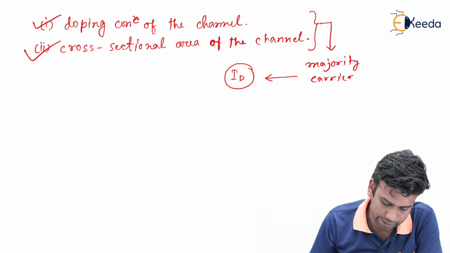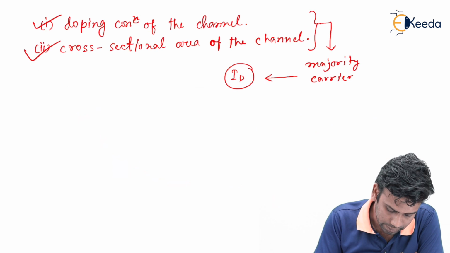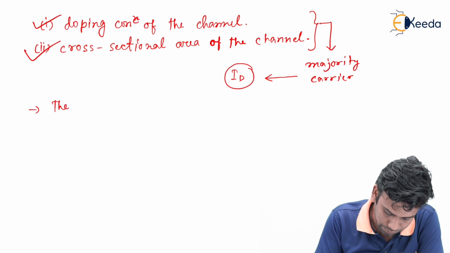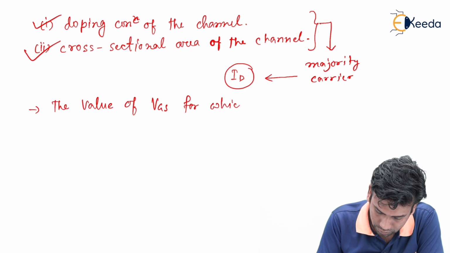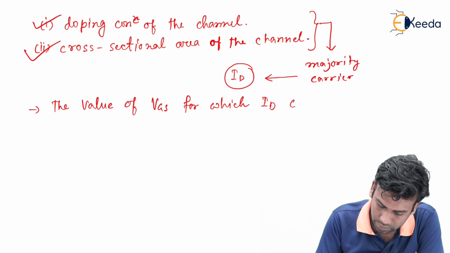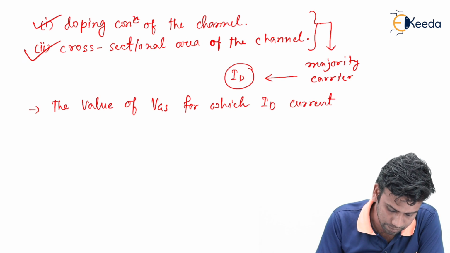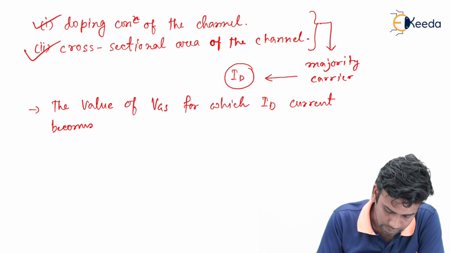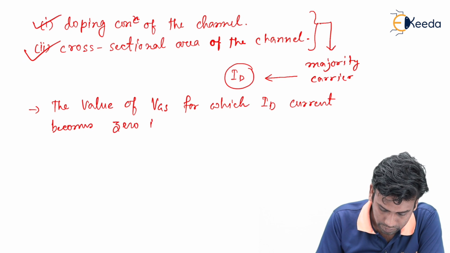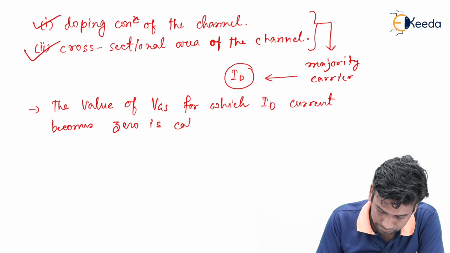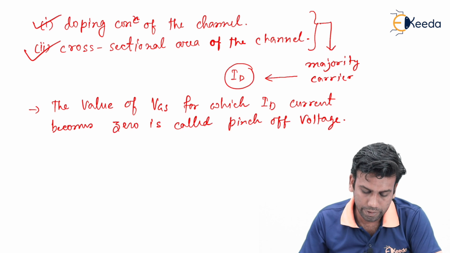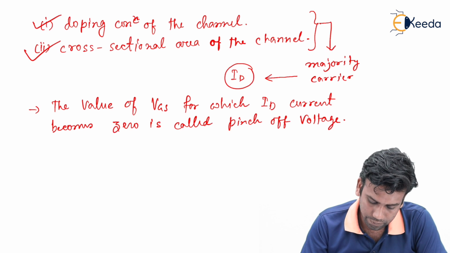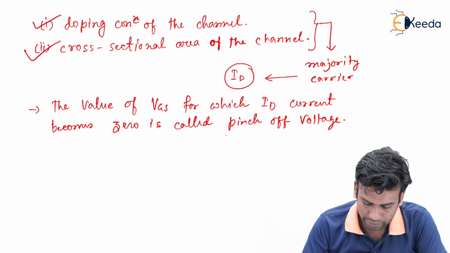So pinch off voltage can also be defined in this manner: the value of VGS for which the ID current becomes 0 is called the pinch off voltage. So this is another way of defining the pinch off voltage, that is Vp.